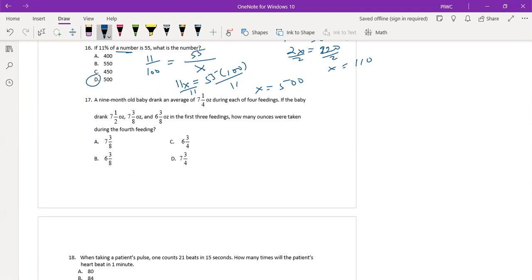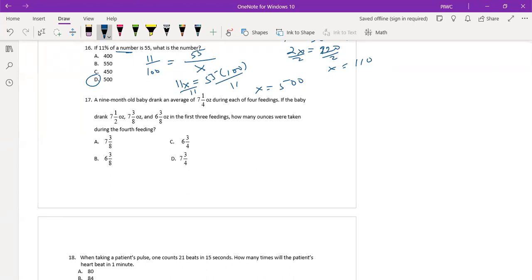Okay. So let's see. A 9-month-old baby drank an average of 7 1/4 ounces during each of 4 feedings. If the baby drank 7 1/2, 7 3/8, and then 6 3/8 ounces in the first 3 feedings, how many ounces were taken during the 4th feeding? Okay.